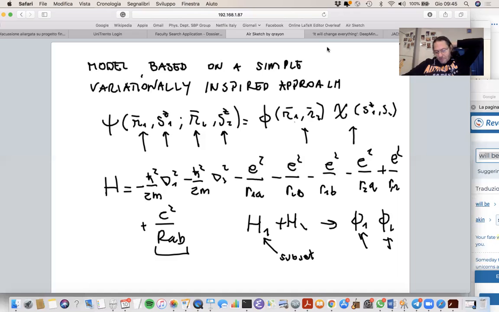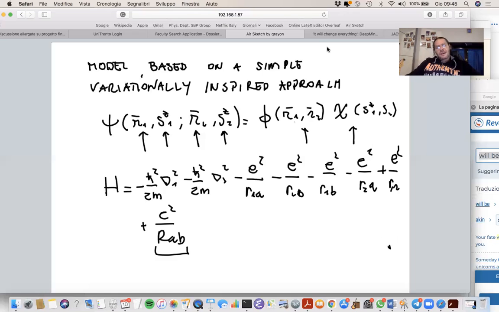We saw that fact several times in this course. So, since this is one of those cases, a trivial case because there's no dependence on the spin at all, I can always factorize the wave functions in positions and spin.